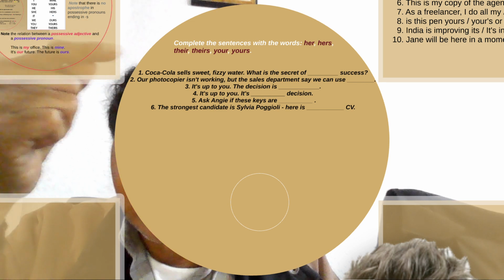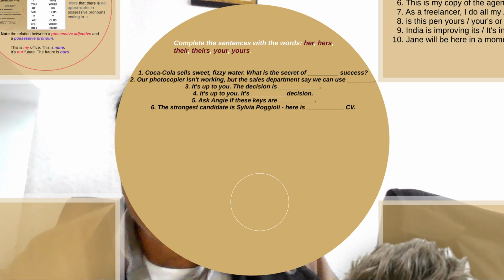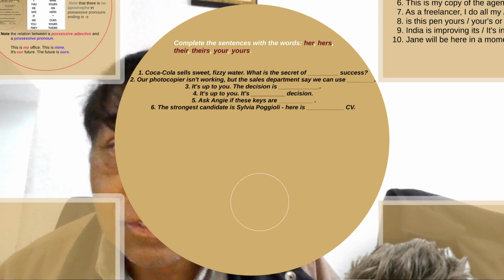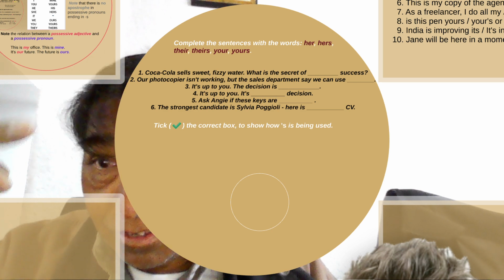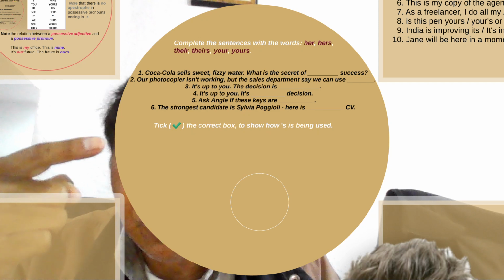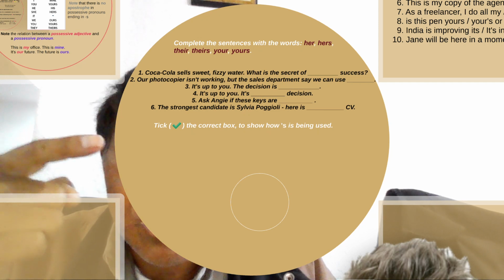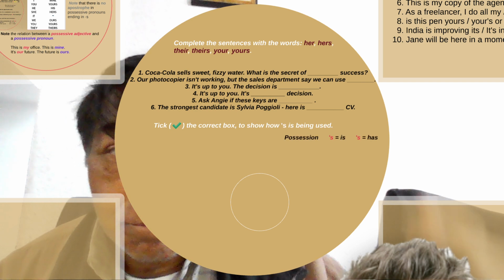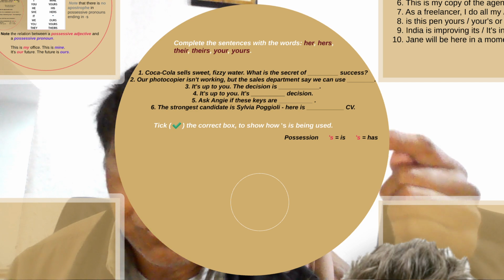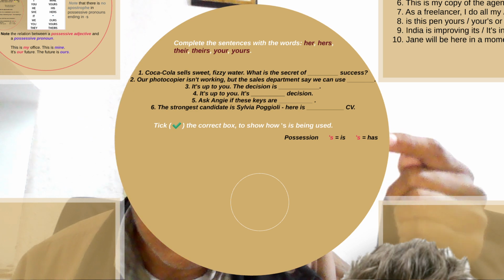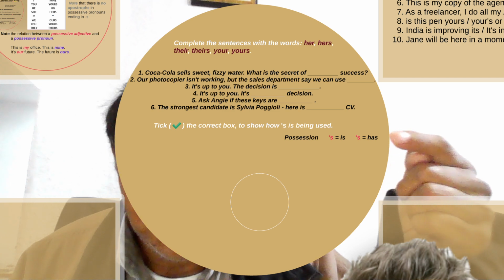Now, tick the correct box to show how it's being used: if it is used as a possession, if it is used as the verb to be, is, or if it is used as the verb has.